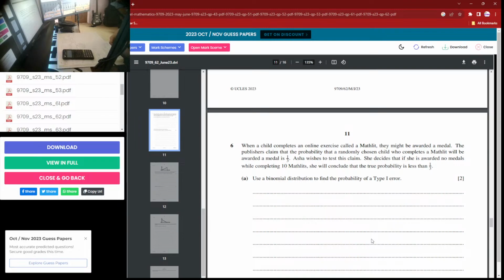So the probability that she does not get a medal is 2/3. We'll use P(X = 0), meaning she gets no medals. And from this we will have 10 tries, so 10C0.